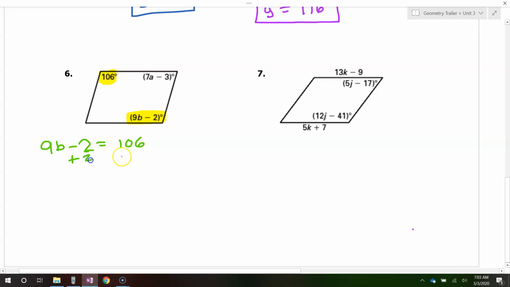And then we will add 2 to both sides. So that will give us 9b is equal to 108. So when we divide both sides by 9, we're going to get b is equal to 12.